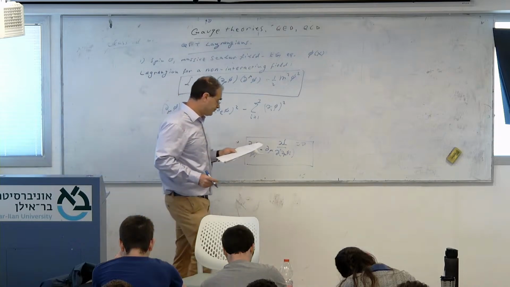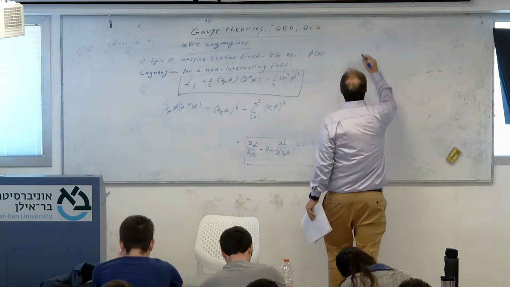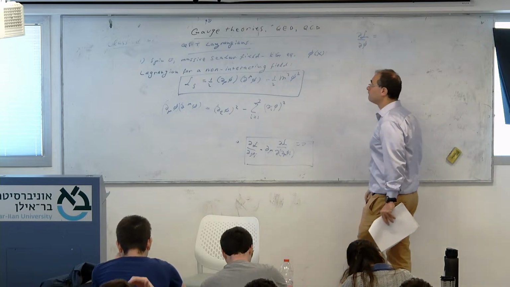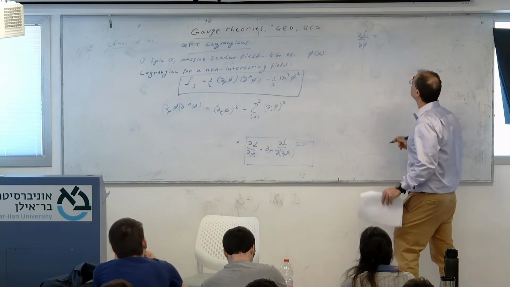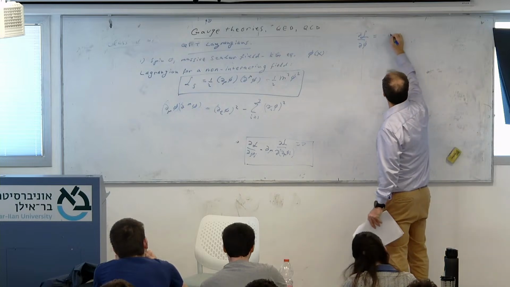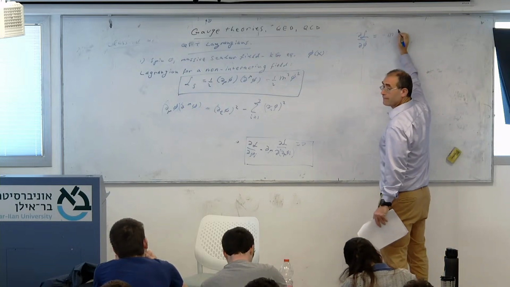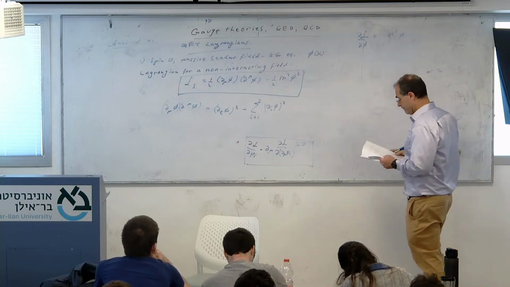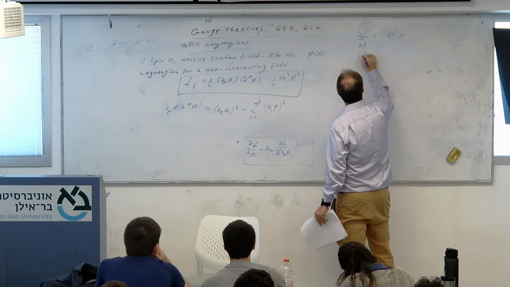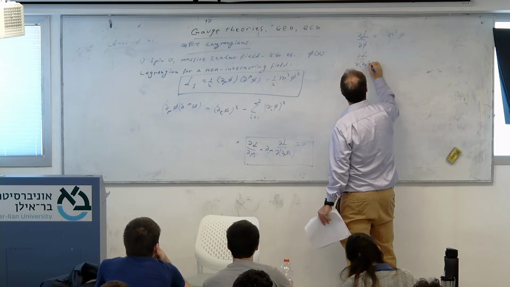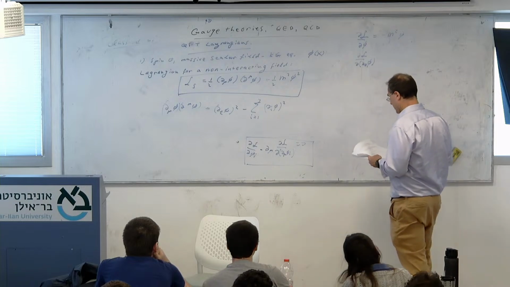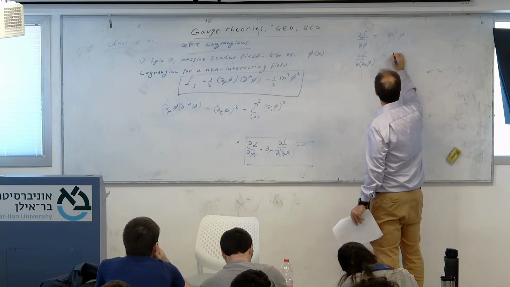So, dL d phi is minus m squared phi. dL d d0 phi is d0 phi.